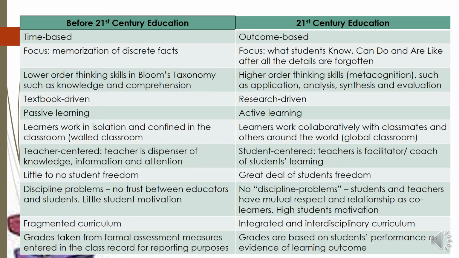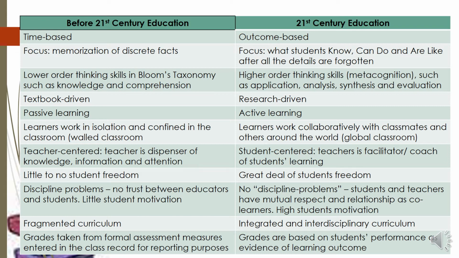In the traditional, lower order thinking skills in Bloom's taxonomy, such as knowledge and comprehension, whereas in the 21st century, higher order thinking skills, or this is what we call metacognition. So, in the Bloom's taxonomy, it involves application, analysis, synthesis, and evaluation. Okay?